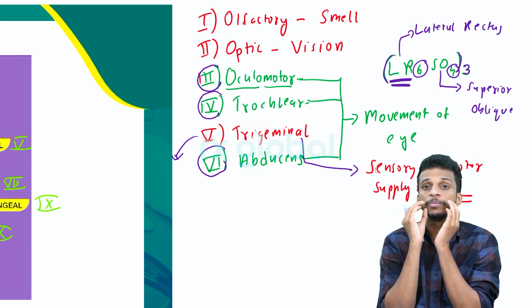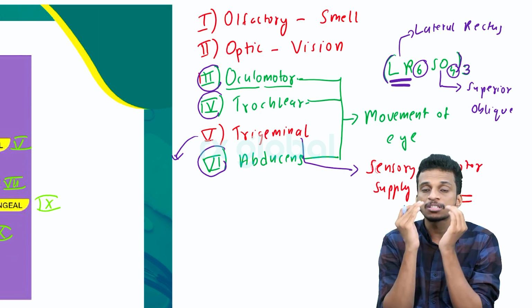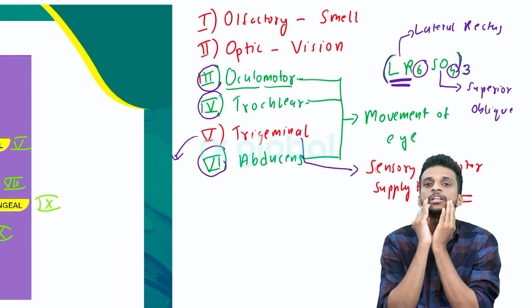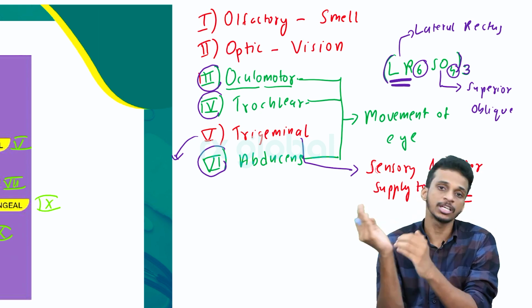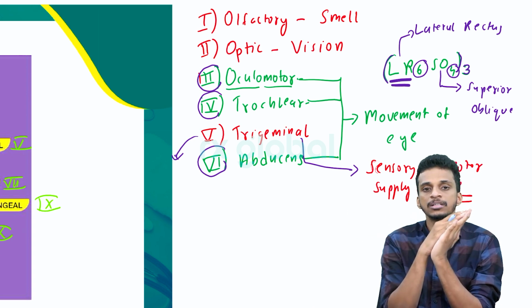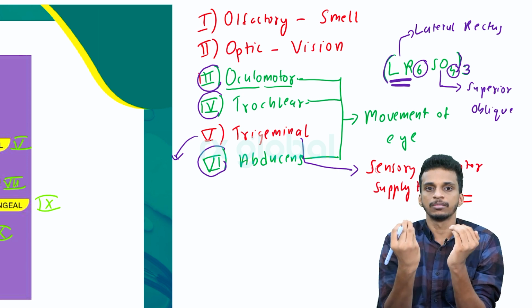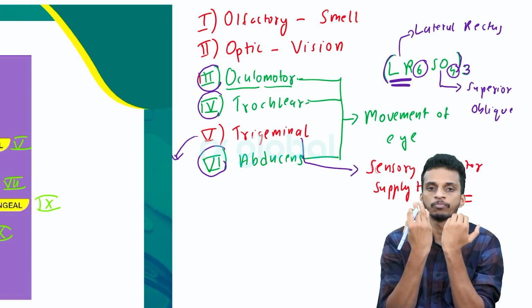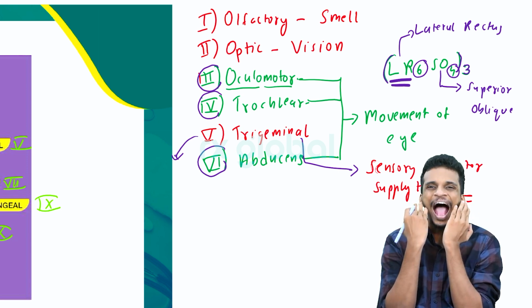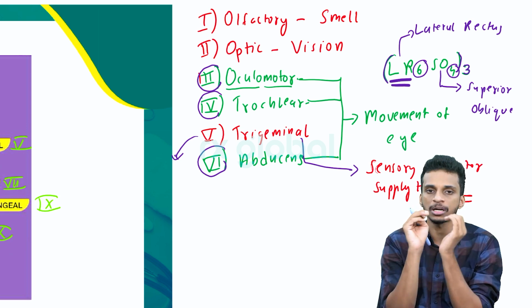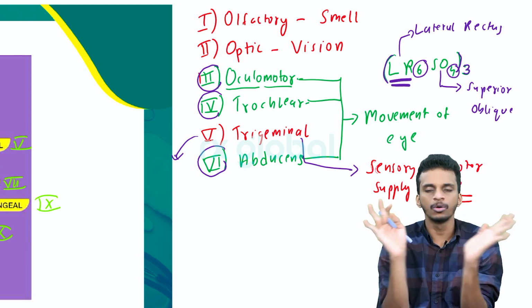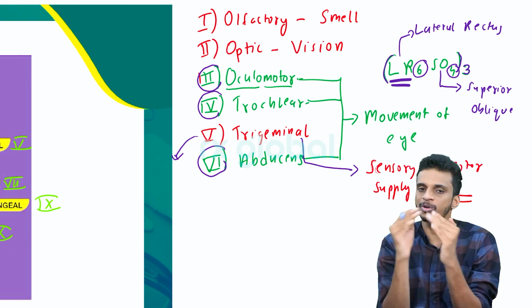But there are certain movements in the face which are controlled by the facial nerve also. Those are called the facial muscles. The trigeminal controls the muscles of mastication, that means the muscles required for chewing, opening, and closing. You don't need to know it in detail because you will learn it later.